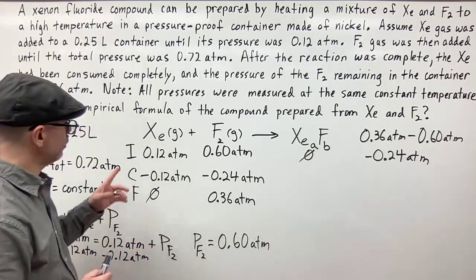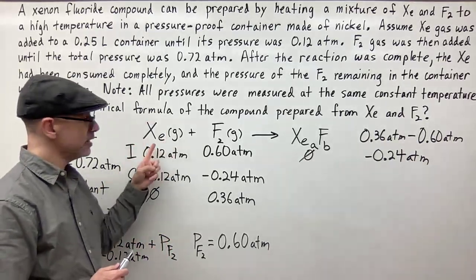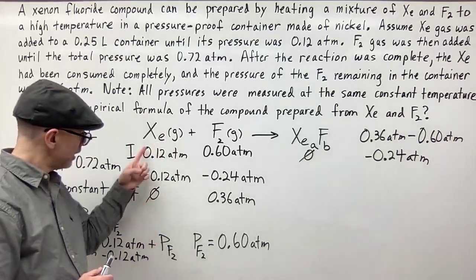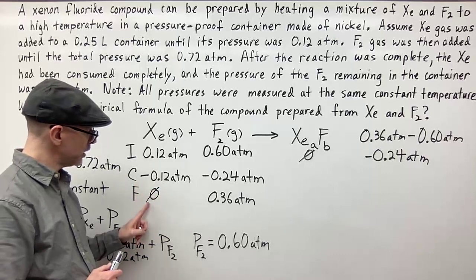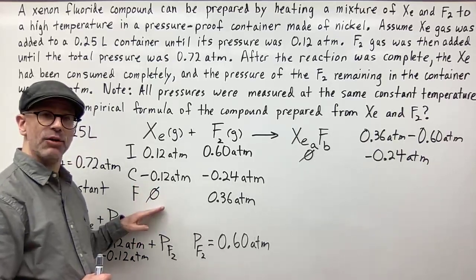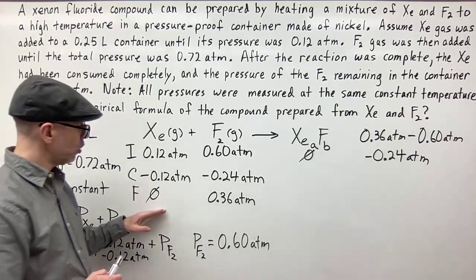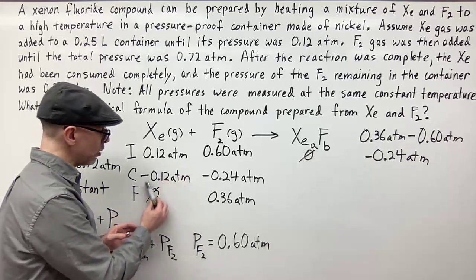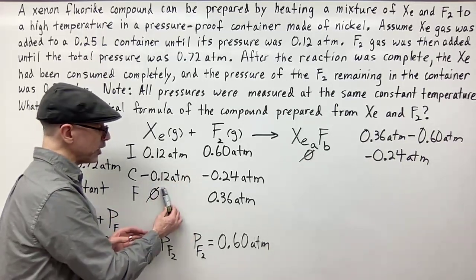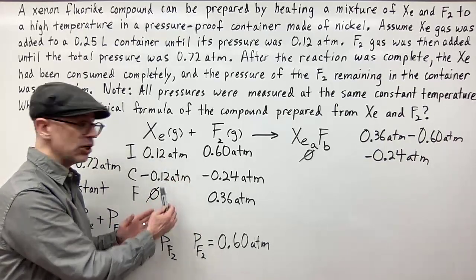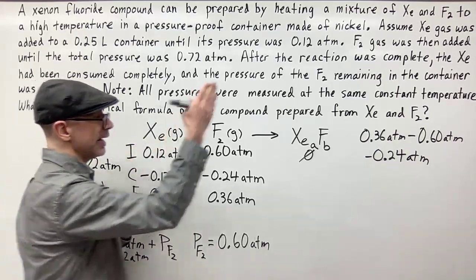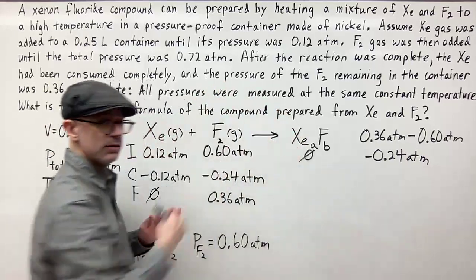And our limiting reagent is the xenon because it went to zero. We lost all of it. So this went to completion. We ran out of this first. So this is the amount in pressure of the xenon that ended up in our formula.